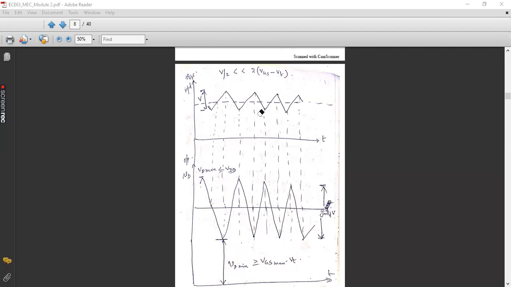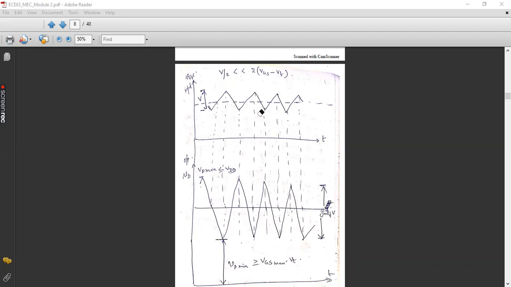What is the amplification factor that we got from the previous derivation of voltage gain? What is amplification factor?